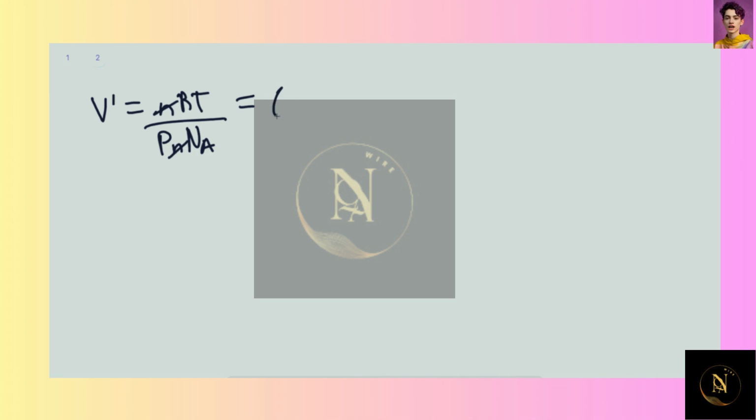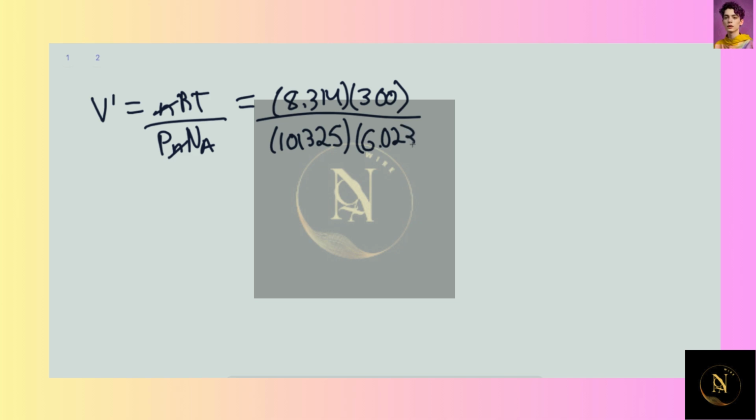So now we have 8.314 times 300 Kelvin. Our pressure is 101,325, our pressure in pascals. And then Avogadro's number, 6.023 times 10 to the 23rd.